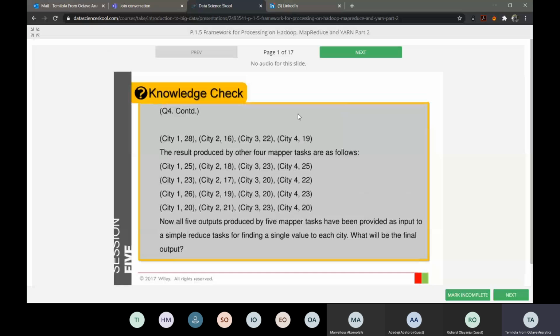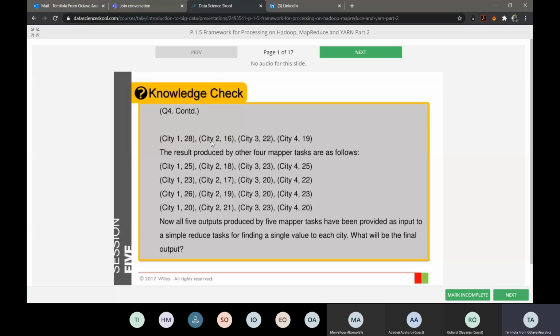For city 1 on the first file, the map function returned an output of 28 degrees centigrade.